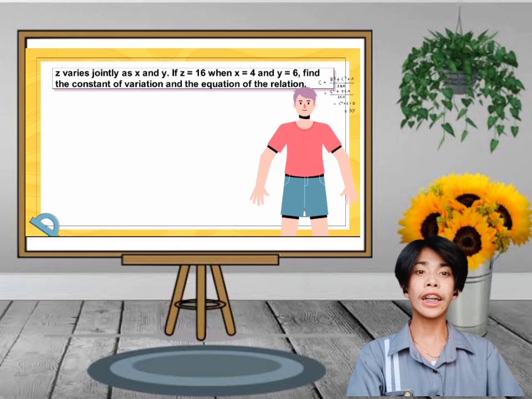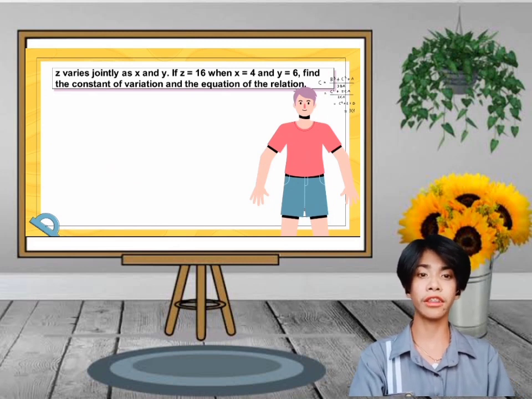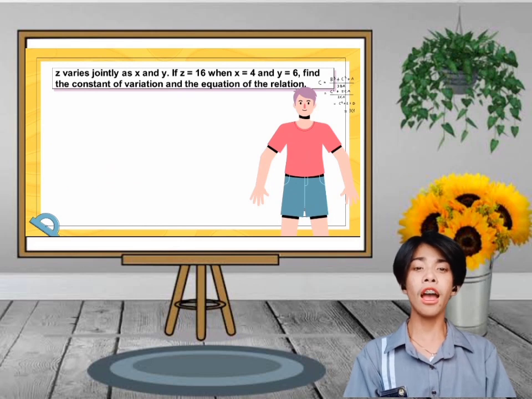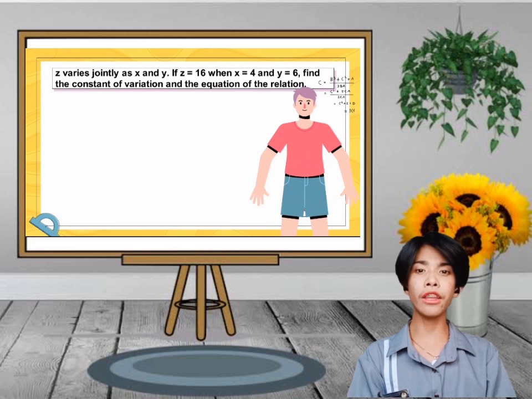First, kailangan muna nating tignan yung mga variables na naka-indicate dito. Ang naunang example ay ang mga variables niya ay A, B, and C. Dito naman, ang mga variables na involved ay Z, X, and Y. So, kailangan talaga natin tignan yung mga variables niya para hindi tayo malito.